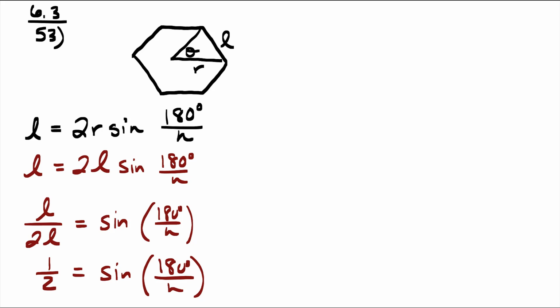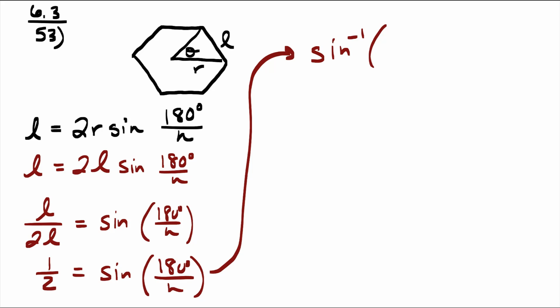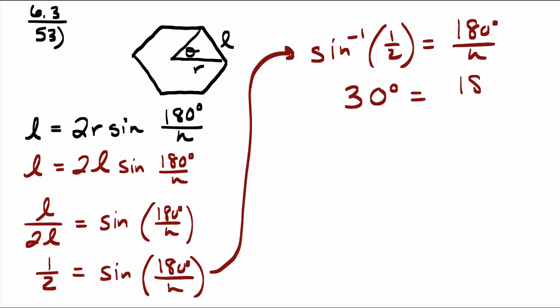Alright, and then we're going to take the inverse of that, and that's going to give us 30 degrees. Let's divide both sides by 30, multiply by n, and if we switch those two out, we get n is equal to 6.